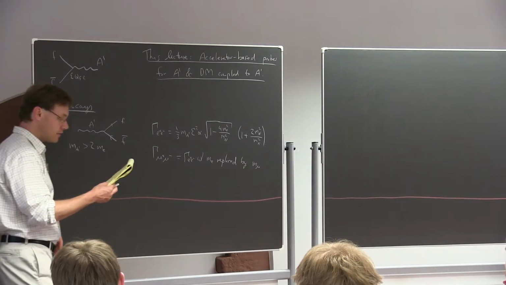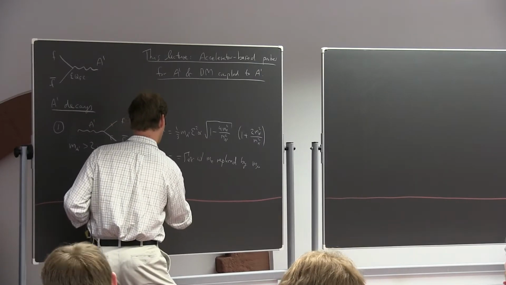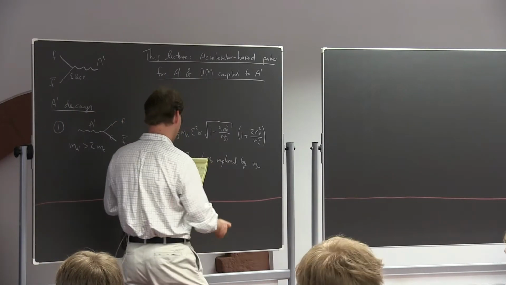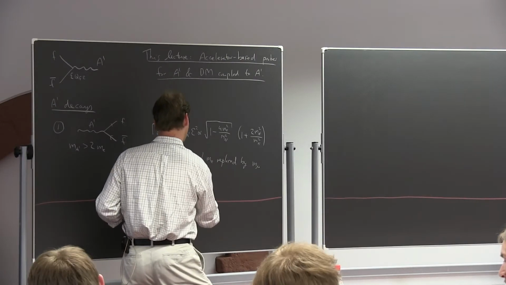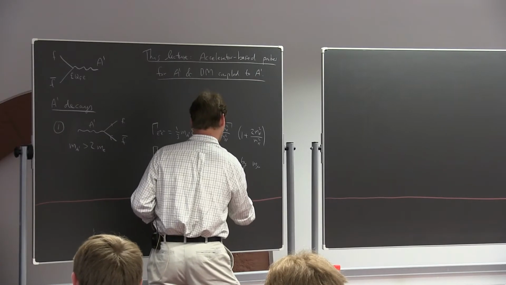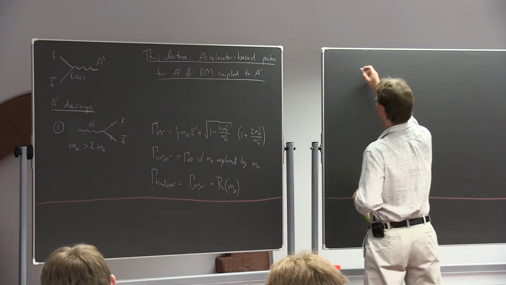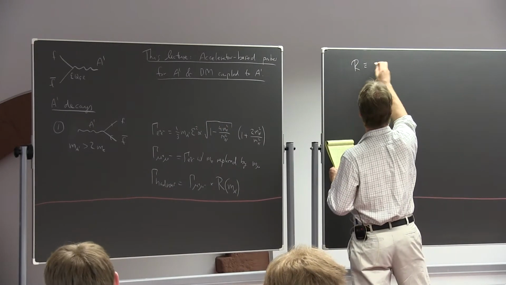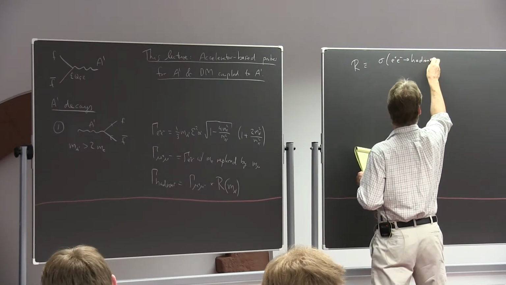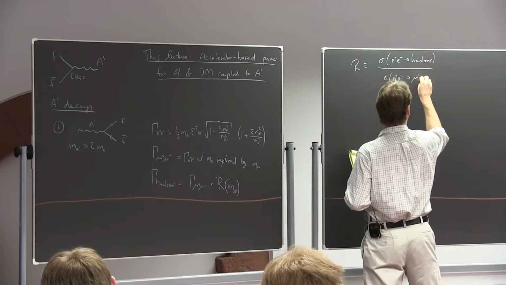What we can do is use the fact that the decay width to hadrons is the decay width to mu+ mu- times something called the ratio R, where R is defined to be the cross-section of e+ e- to hadrons divided by the cross-section for e+ e- to mu+ mu-.